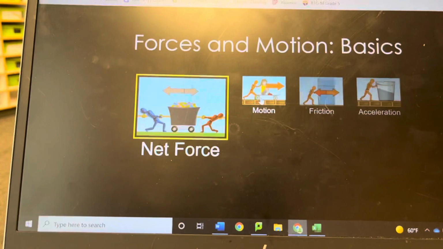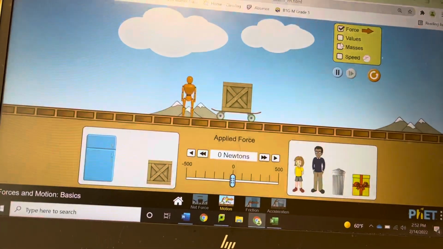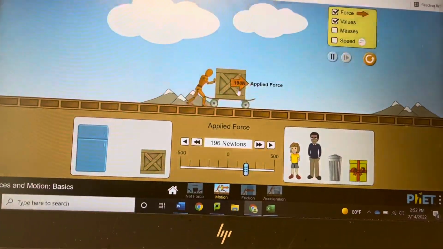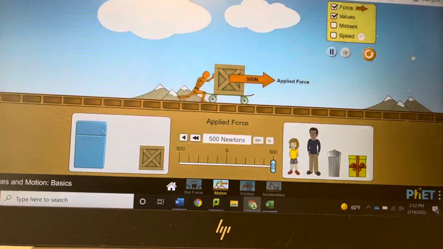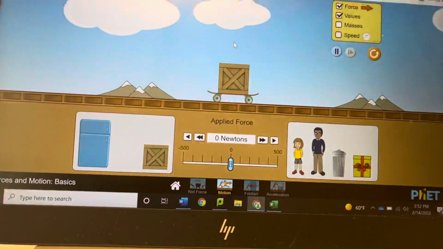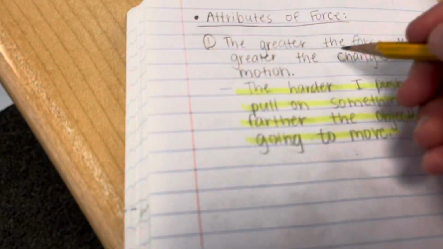If you try even motion, the harder you push on something, the farther that object is going to go. Now, I'm going to go back to my notebook because there's a second part of force.